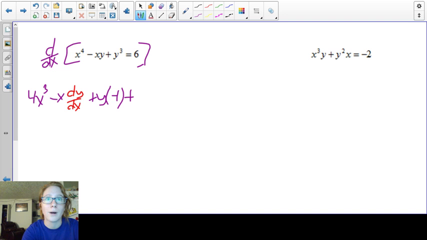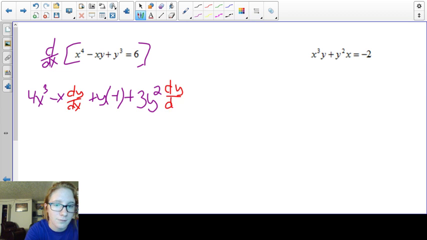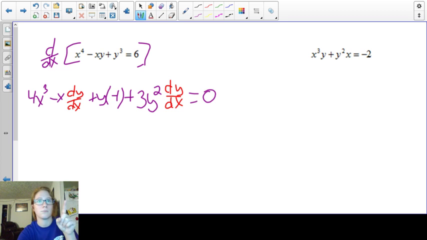Plus, I've got another y term, so that 3 comes down. y squared. Since it's not the same as the others, we have to do the dy dx. And that is equal to 0, because the derivative of 6 is 0. Step 1, differentiate with respect to x.